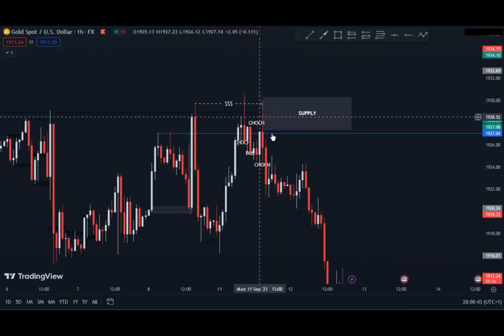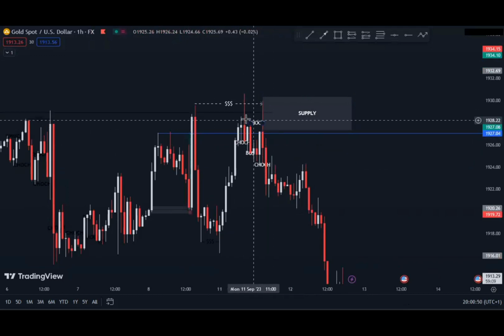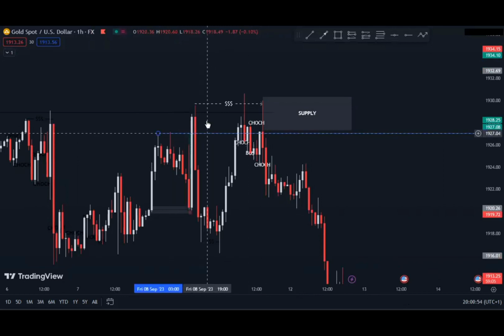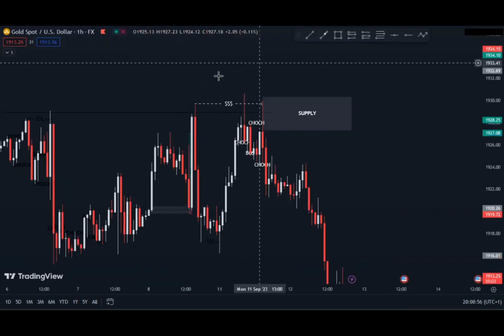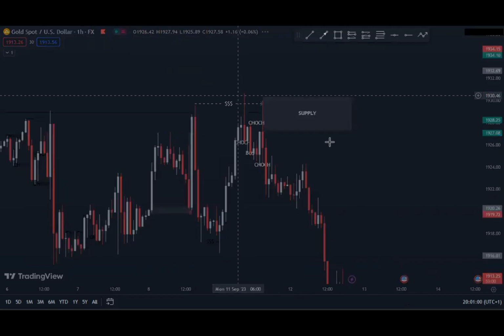And if you learn anything about candlestick, long wick rejections usually refer to price reversal patterns. Price reversal, that means price usually reverses around those zones, those areas. So we go down to the 15 minutes time frame right here.